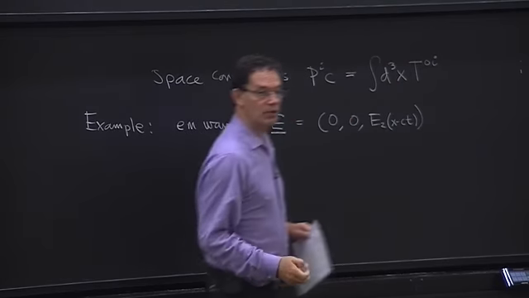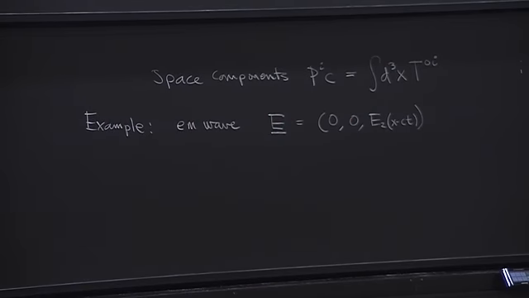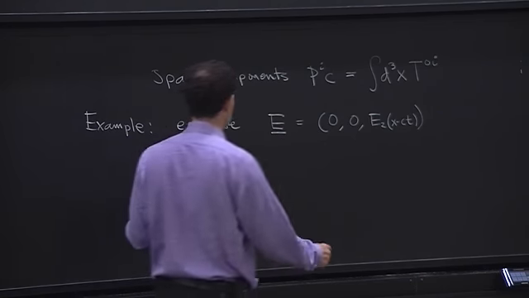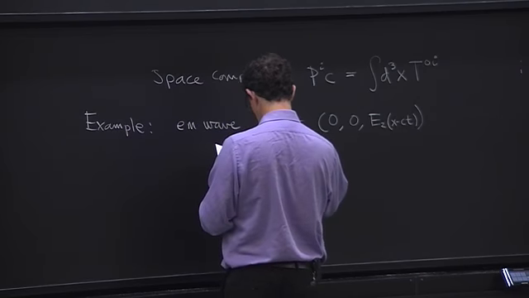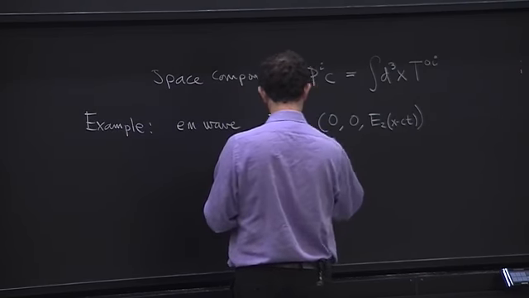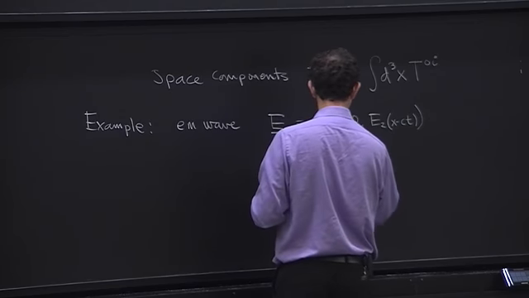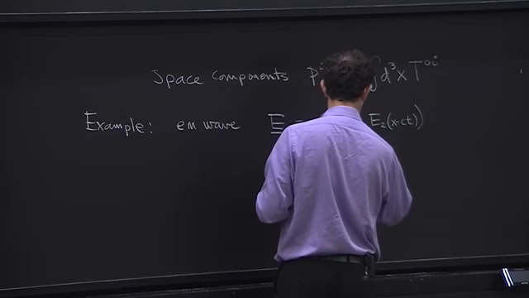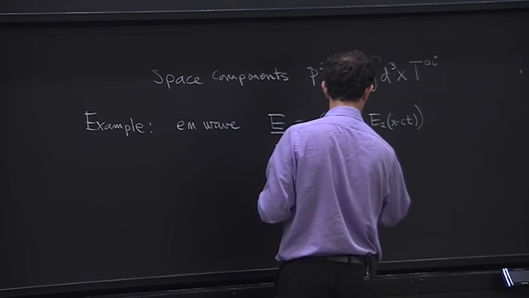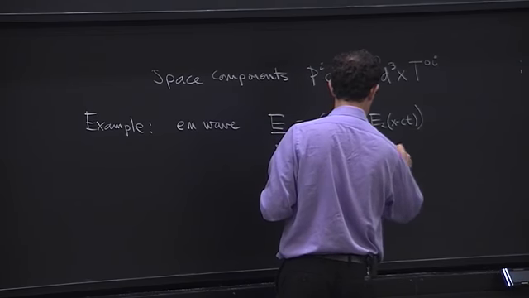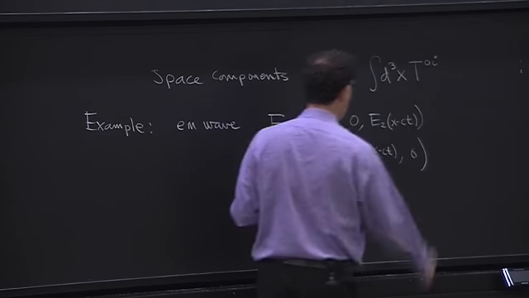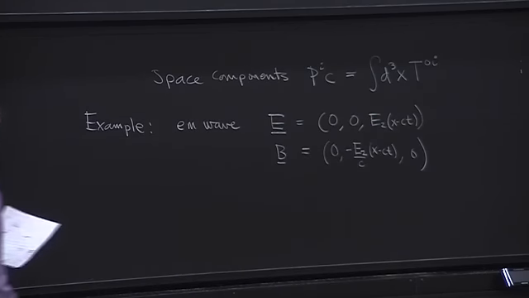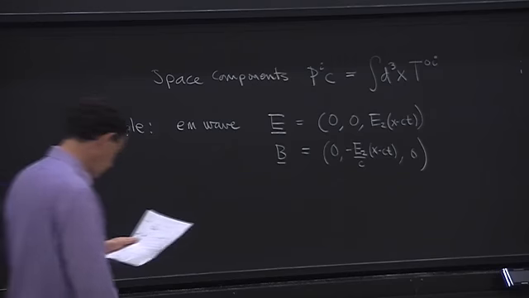E_z is any function, so it's just a pulse of electric field traveling along in the x direction. And B, as we also discussed, B is 0, minus E_z over c times (x minus ct), 0. So that's a plane wave solution to the Maxwell equations.